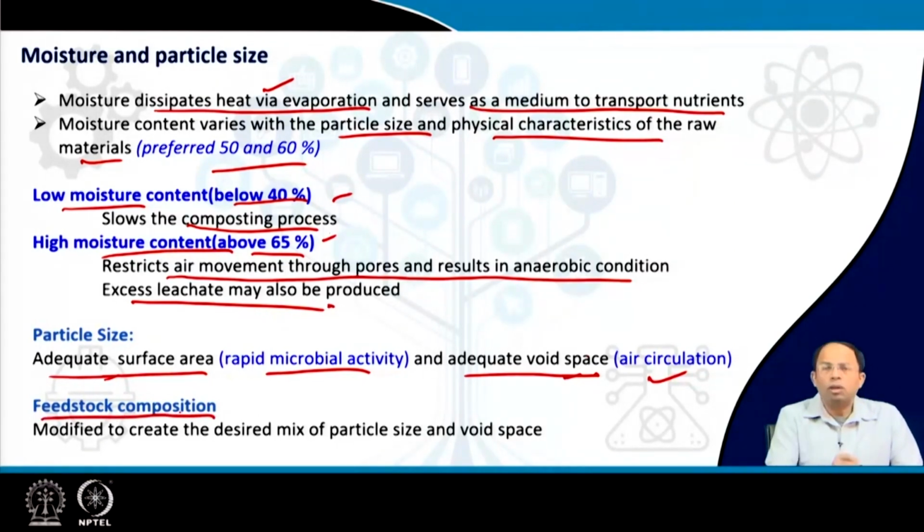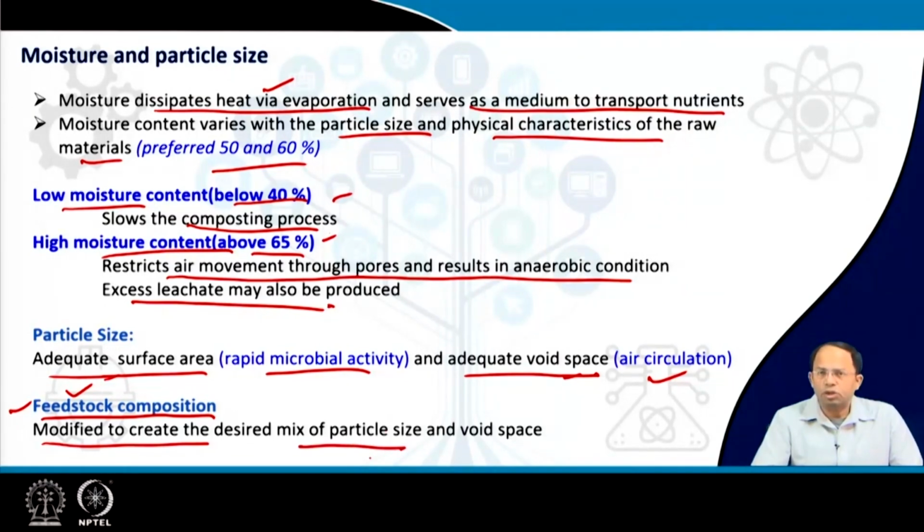Then we talk about feedstock composition. That is, what sort of waste stream comes as input to the composting process, right? So that's called the feedstock. If the feedstock is not correct, like I was discussing earlier, the feedstock composition varies during different seasons. That means we will get different kinds of fruits and vegetables being consumed at different seasons. So the feedstock varies, and we usually have to modify this feedstock so that eventually we get the desired size.